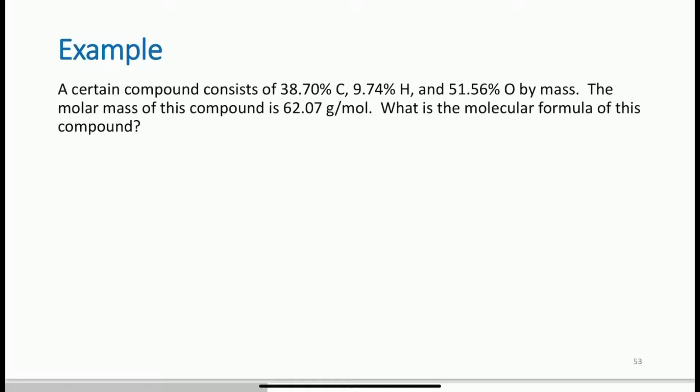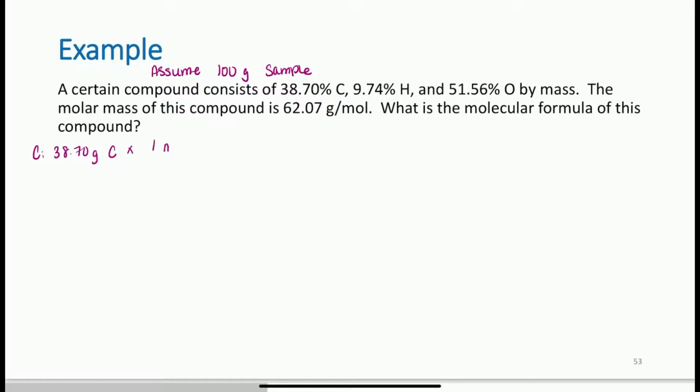So carbon, let's first do carbon. Carbon, I'm going to assume again a 100 gram sample. There's 2 different ways we can do this problem. I'm going to show you both ways. First way we're going to do it is like the previous example. 38.70 grams of carbon.